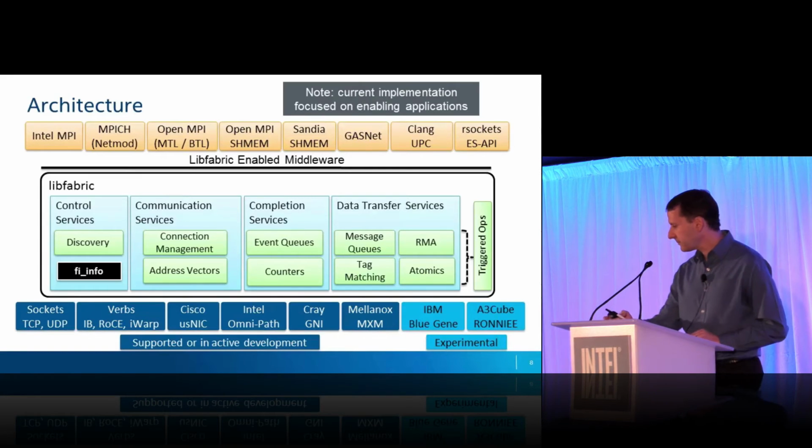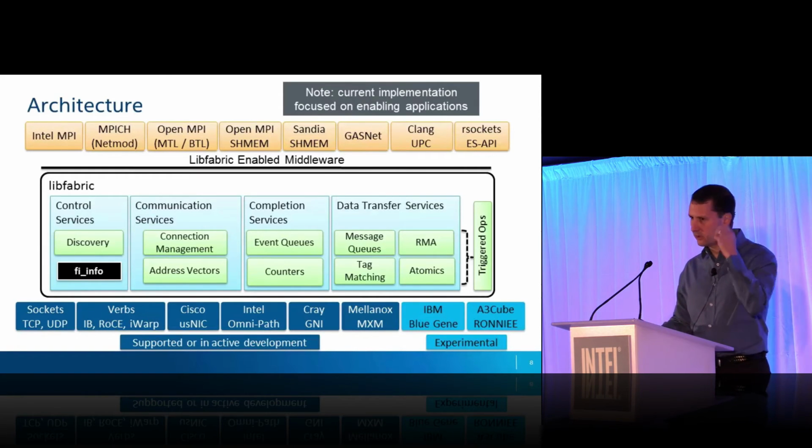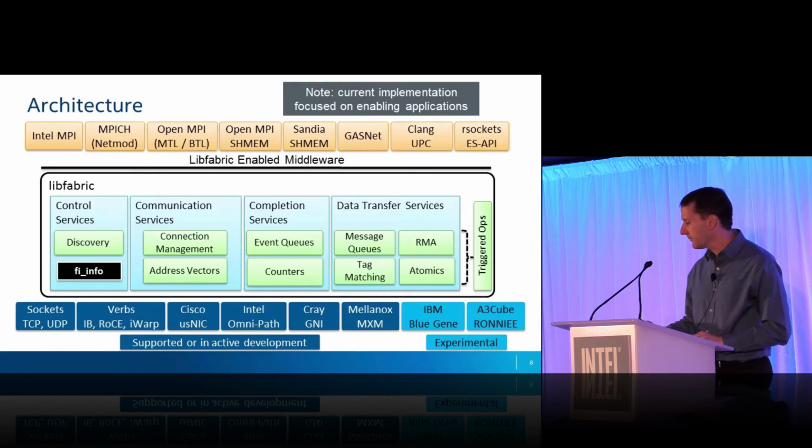And there are also two others that I'm listing as experimental. We have a native provider that runs over IBM Blue Gene hardware that we've used to scale out to basically 1 million ranks. So we make sure that we can scale libfabric out and it can work over very large scale systems today.